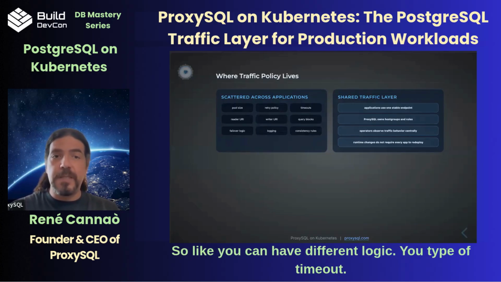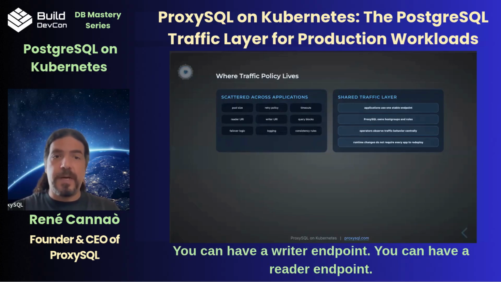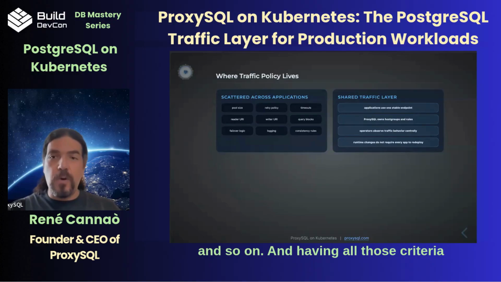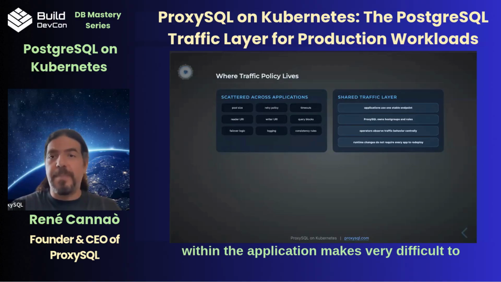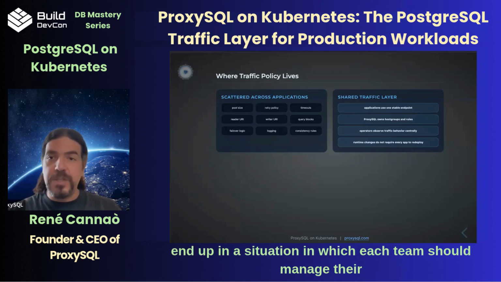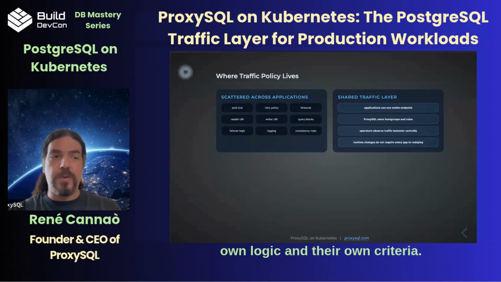You can have different types of timeout, you can have a writer endpoint, a reader endpoint, different failover logic, logging, and so on. Having all those criteria built into the application makes it very difficult to scale, because you end up in a situation in which each team should manage their own logic and their own criteria.